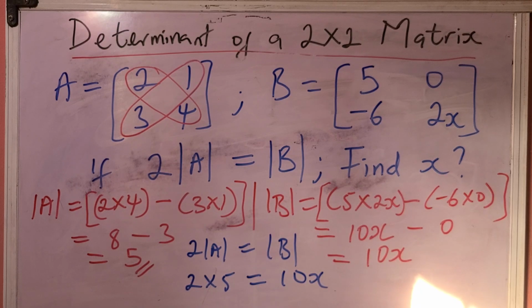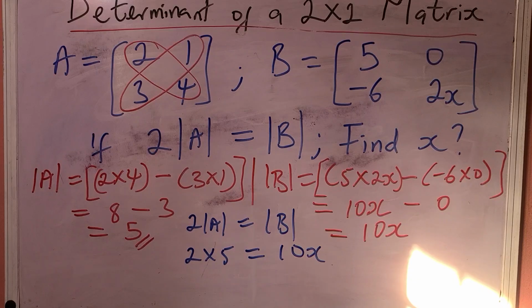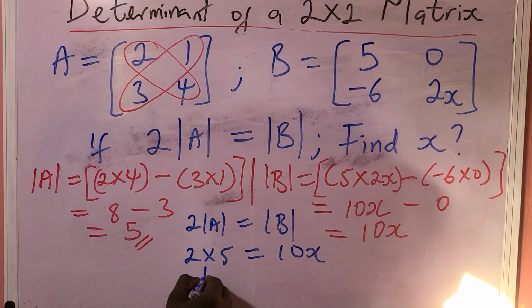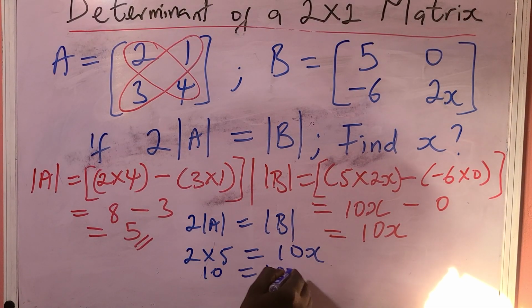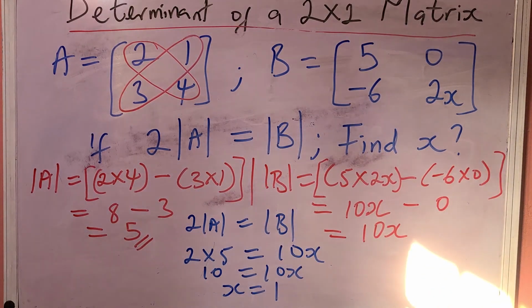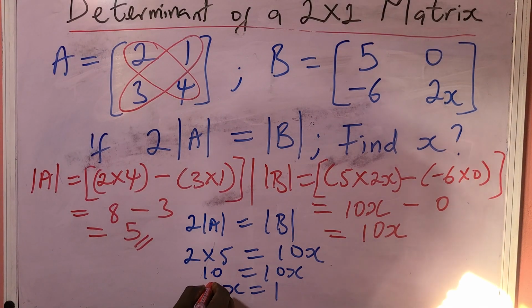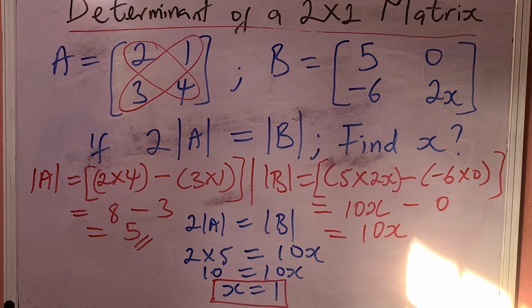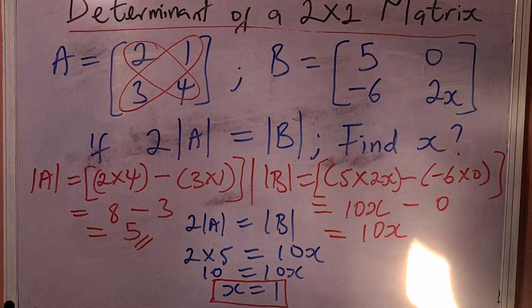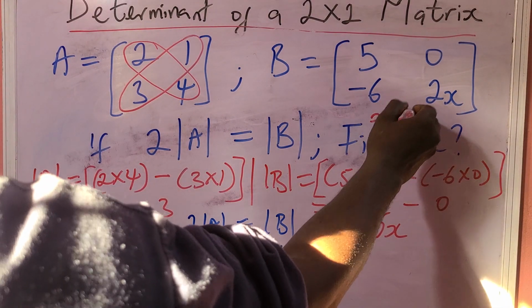Now from here, resolving this, we would have 10 equals 10x. Dividing through by 10, our x will give us 1. So therefore, using our knowledge of matrix determinant, we've been able to resolve this question, and we've gotten our value for x to be 1. So x is therefore equal to 1.